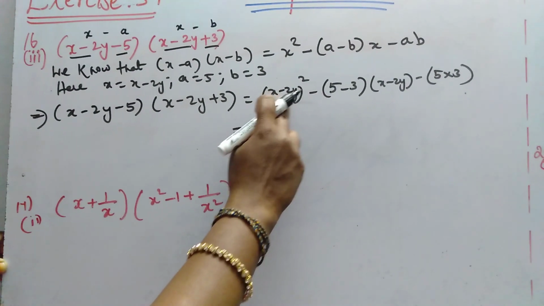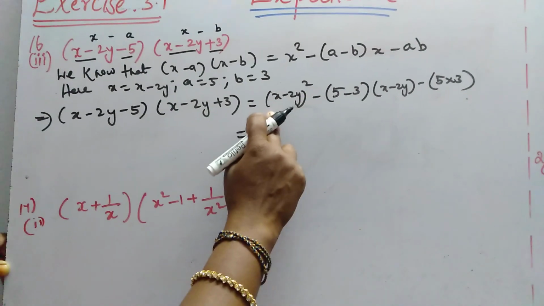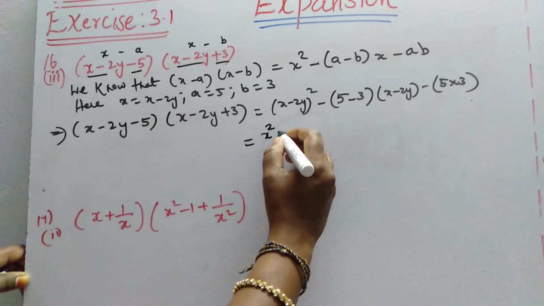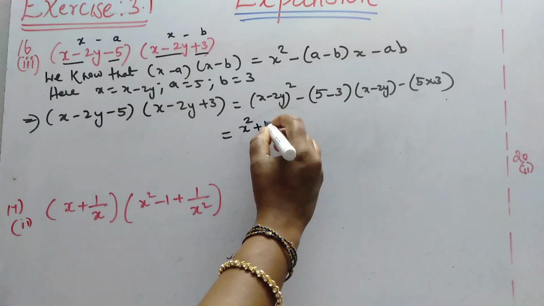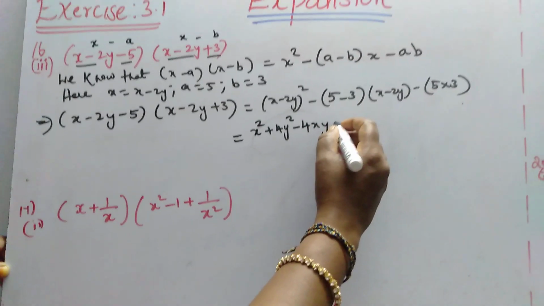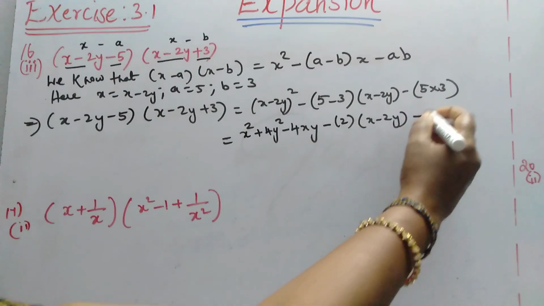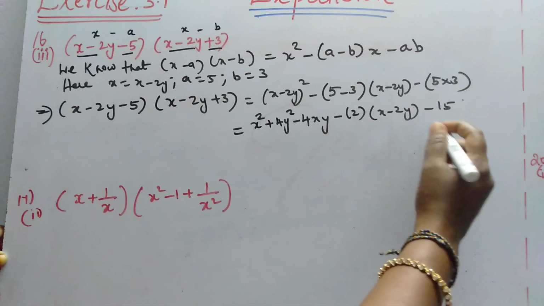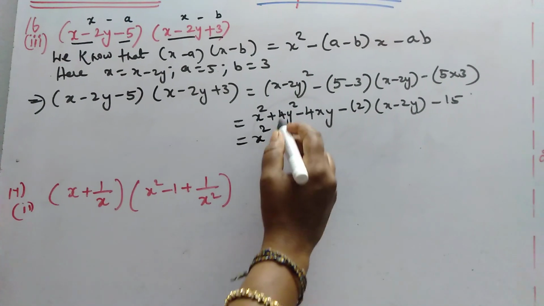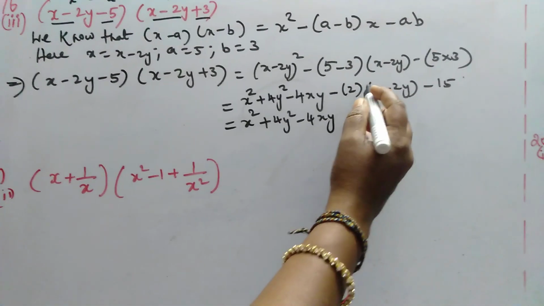So this is the form (a - b)², which can be expanded as a² + b² - 2ab. So that is x² + 4y² - 4xy. Then minus 2 into (x - 2y). Then minus 15. Then next we are writing this same as it is, x² + 4y² - 4xy.